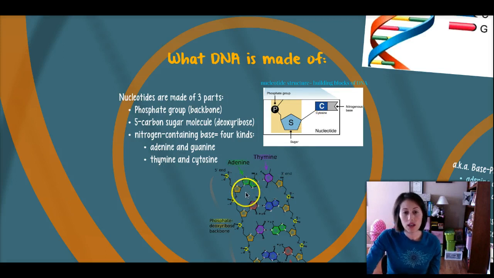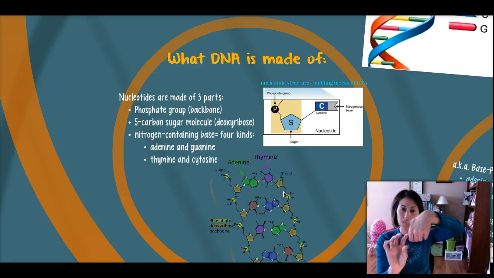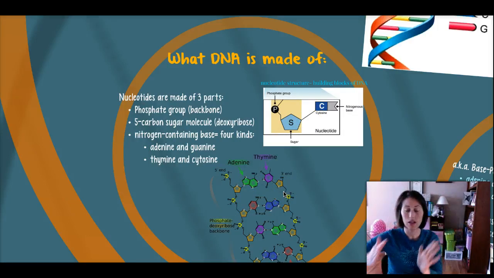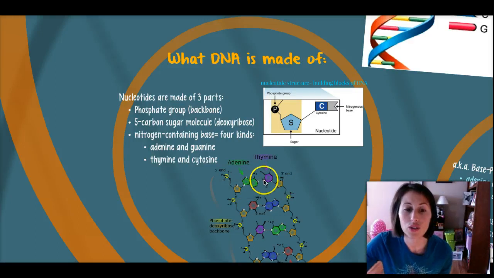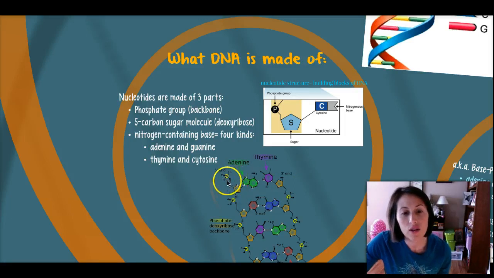So here you can see on this structure, this is a piece of DNA that's been untwisted, so it's laid out like this, and it actually looks like a ladder, okay? So each one of those ladder rungs are 2 nucleotides that are matched together. On the sides here, we have a phosphate group, so that little yellow dot is a phosphate group, and that is bonded really tightly to this sugar molecule right here, so this deoxyribose sugar.